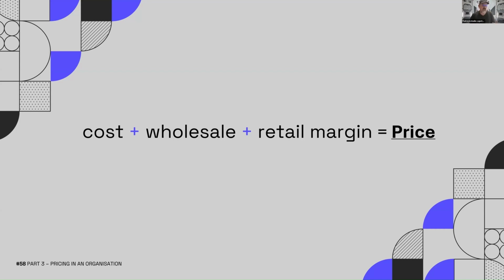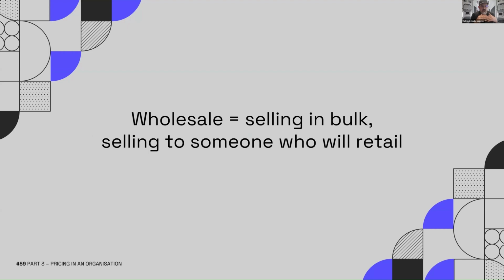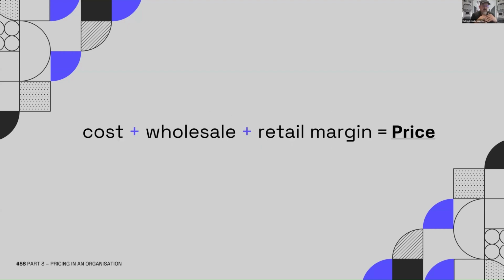There's other stuff, perks and things that you can add, but that can determine what your retail price is. Then somewhere in between that, if you're selling directly to the end consumer, you want to be selling at retail prices. But if you have other people that would sell on to you, you need a wholesale price.